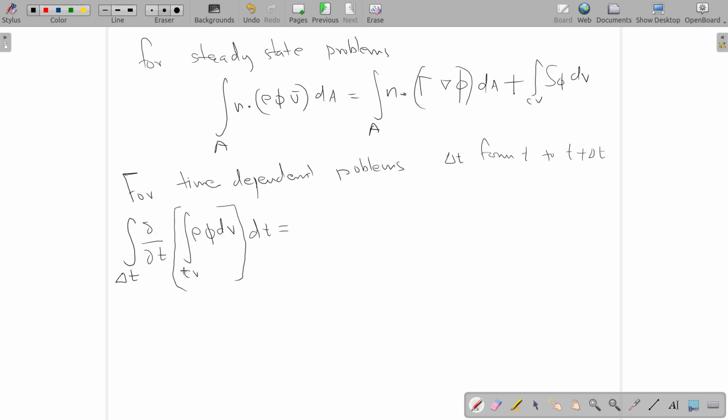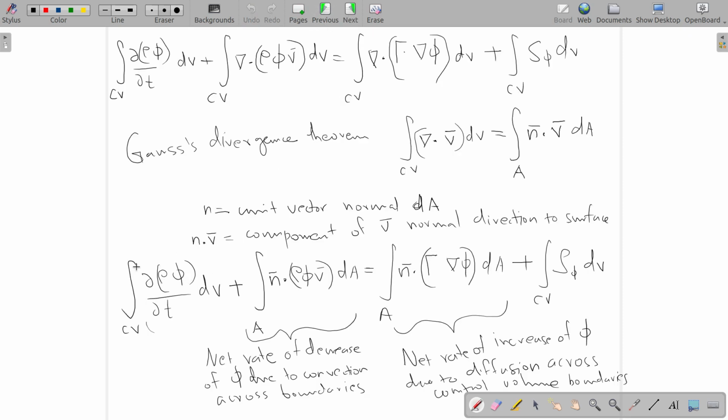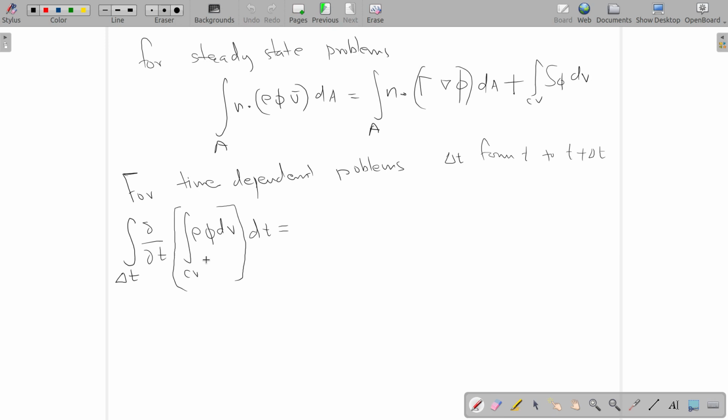Earlier it was the integral of dou rho phi dou t. Now I am performing the control volume integration first and finding the derivative second. Earlier there was differentiation first and integration second. Now I am doing integration first and derivative second, and integrating the whole term with respect to time. So there is a double integration.